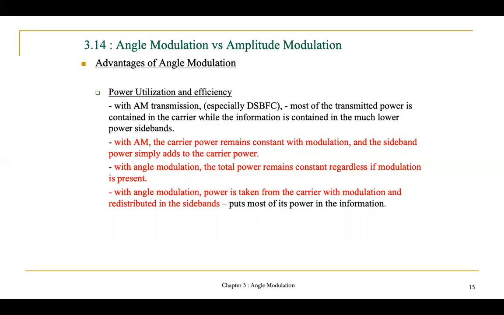While for angle modulation, the total power remains constant regardless of whether modulation is present, and the power is taken from the carrier with modulation and redistributed in the sidebands. So those are the advantages of angle modulation.